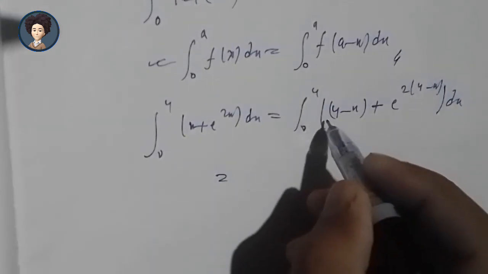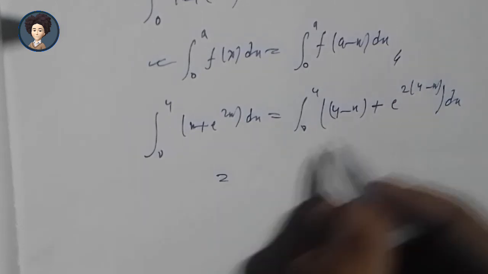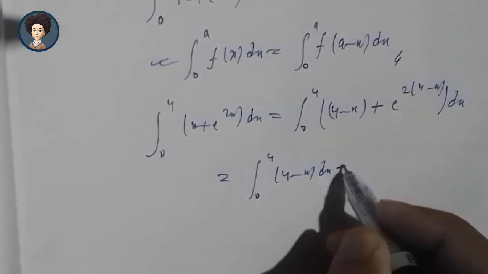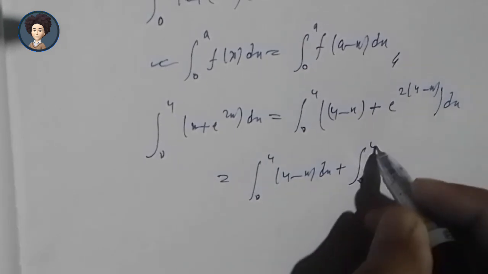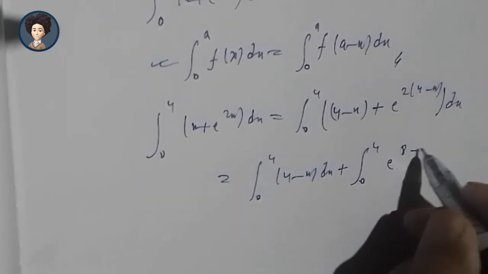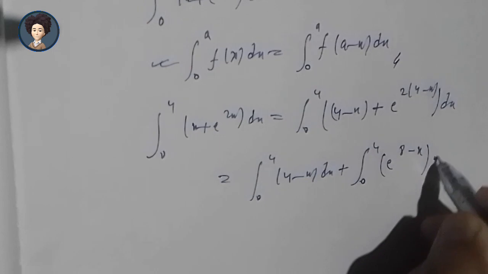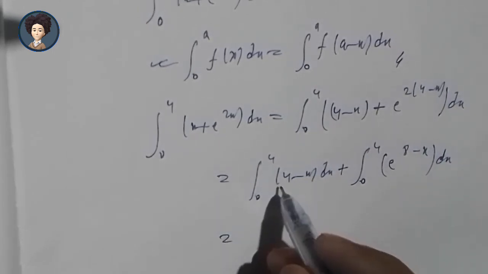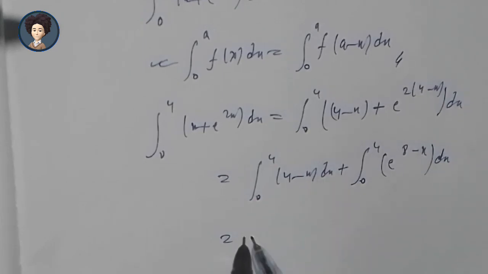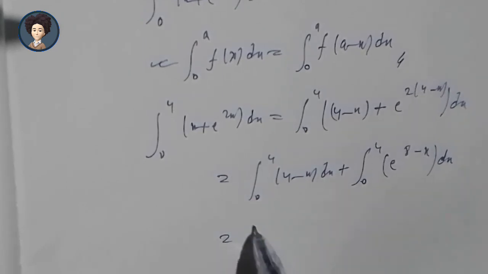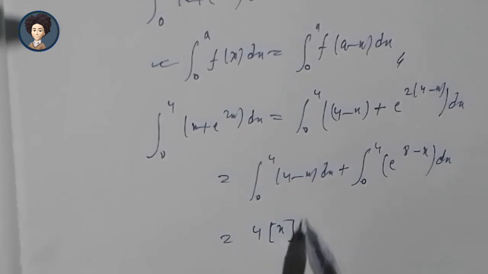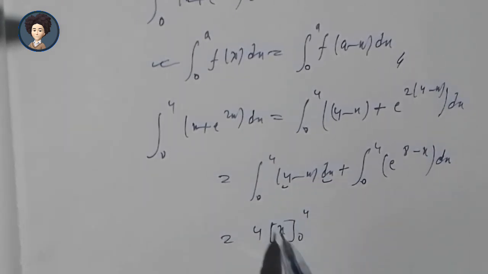Now we can separate this out: the integral from 0 to 4 of 4 minus x dx plus the integral from 0 to 4 of e to the power 8 minus 2x dx. Since 4 is constant and here x, we take the integration from 0 to 4 of this and this.